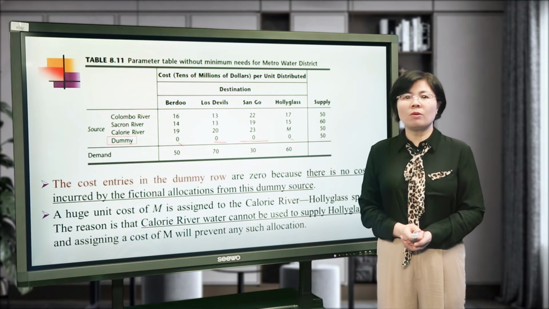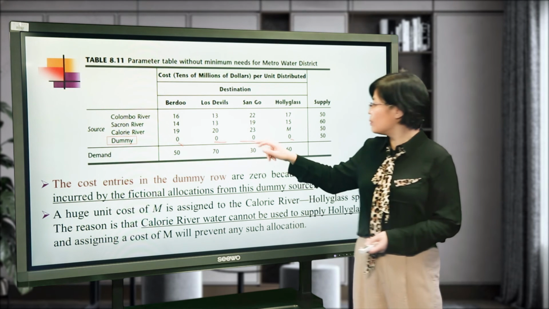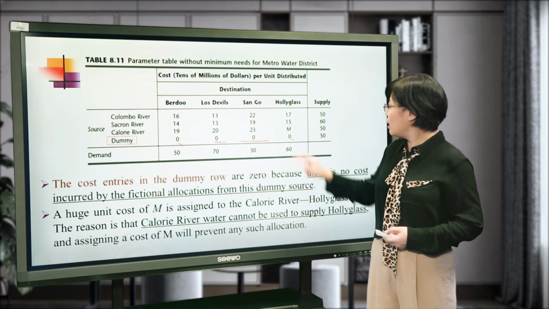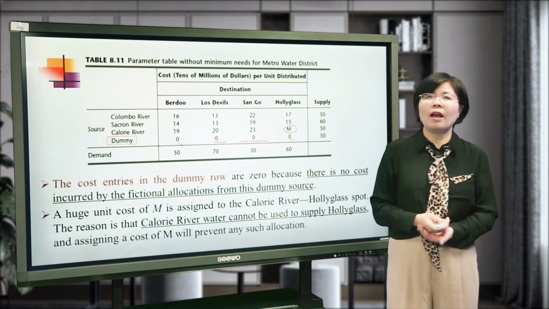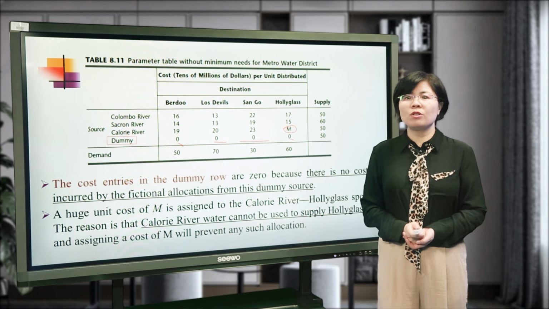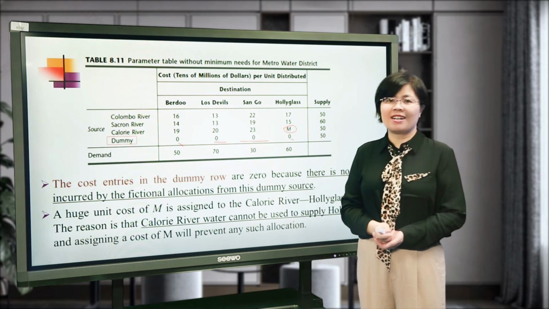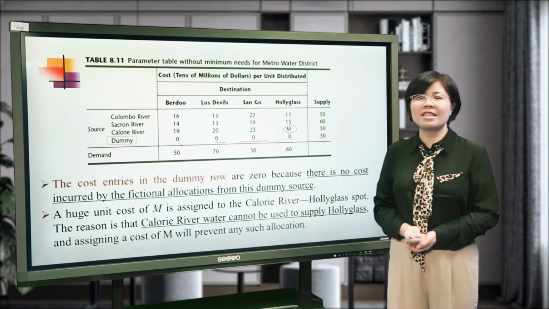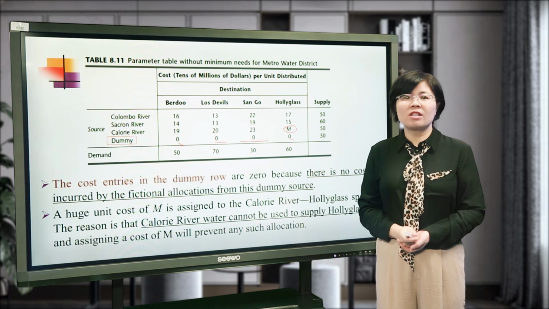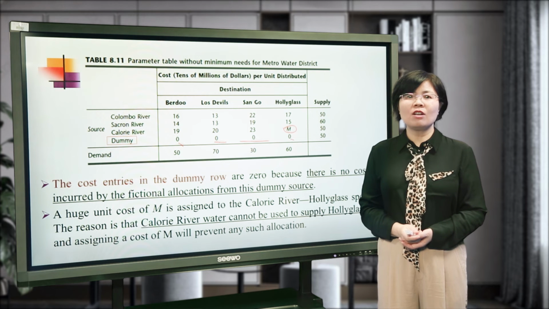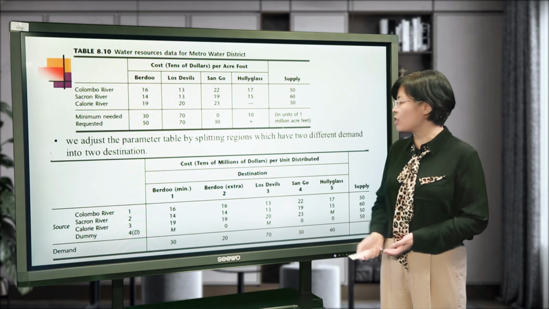A huge unit cost of M is assigned to Colonial River to Holy Glass. The reason is Colonial River water cannot be used to supply Holy Glass, and assigning cost M will prevent any such allocation.